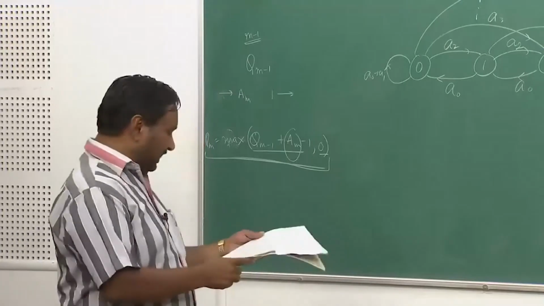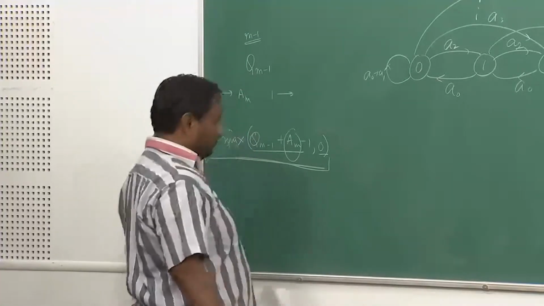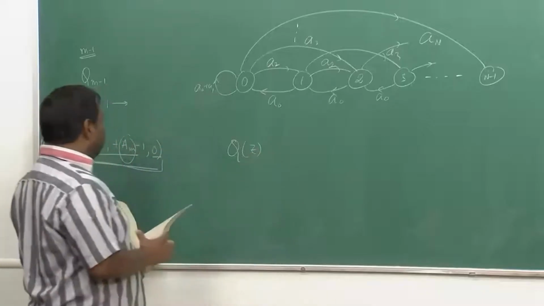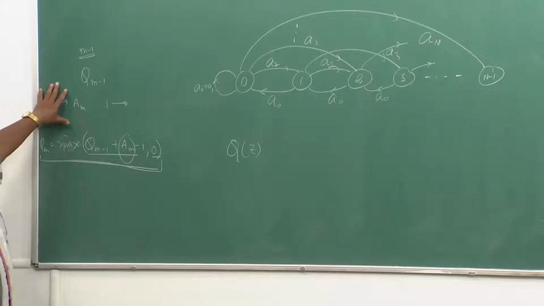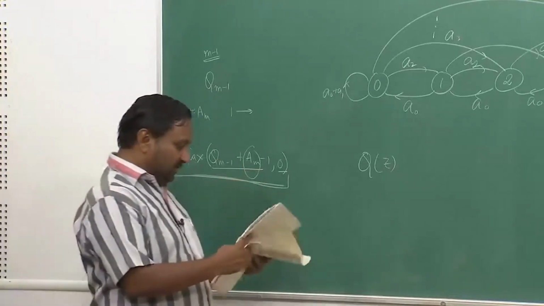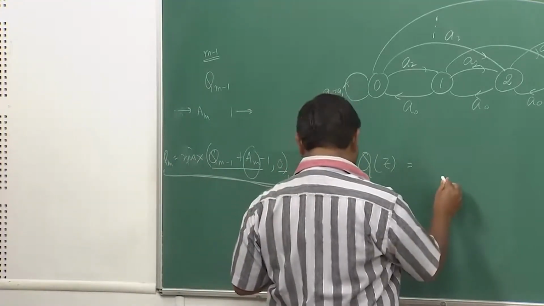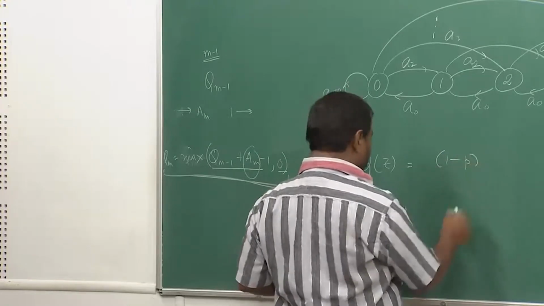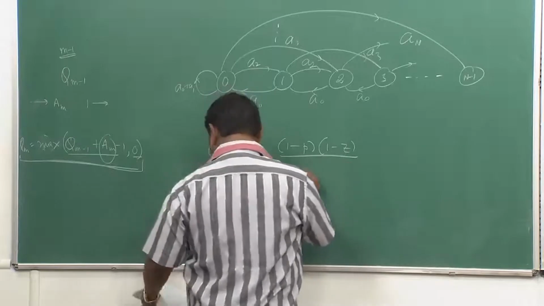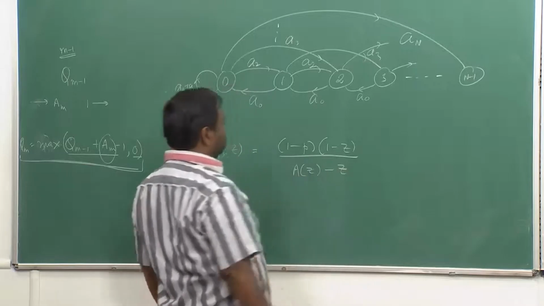If I take this direct result for a PGF for Q, Q(z), the PGF of this kind of queuing system can be written in terms of A(z) and an expression. So this will be given by this.